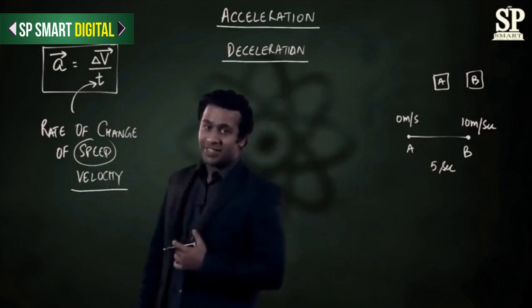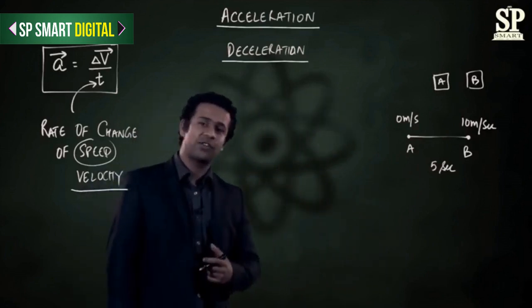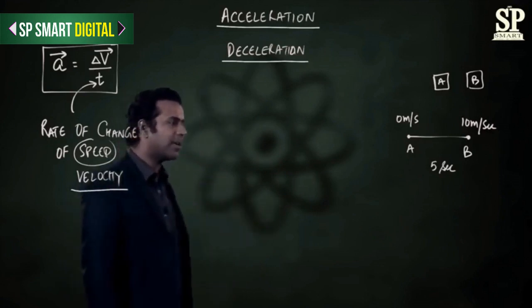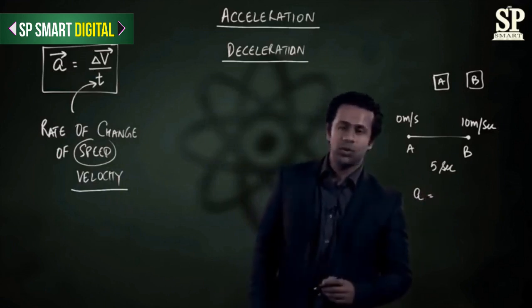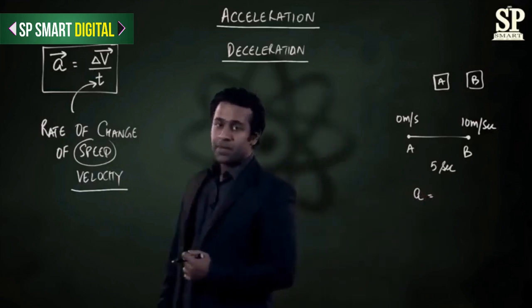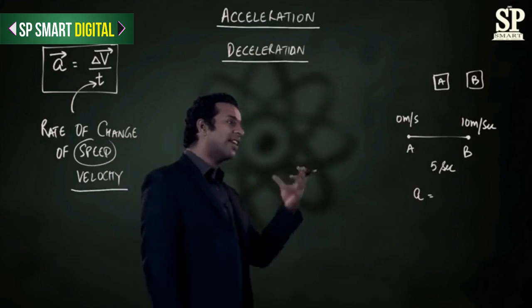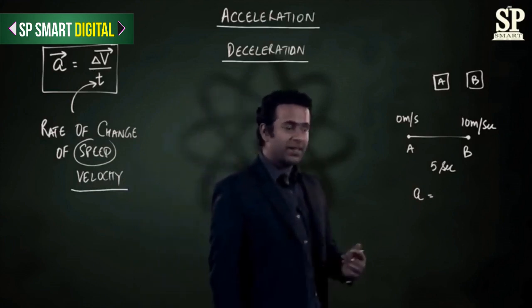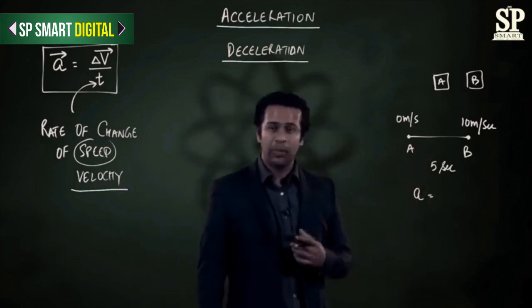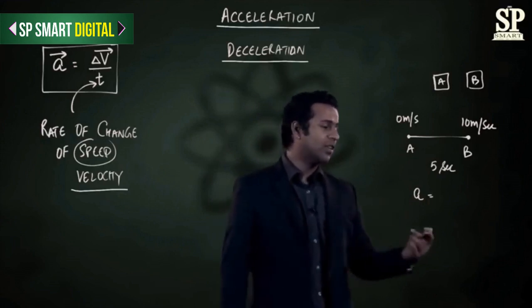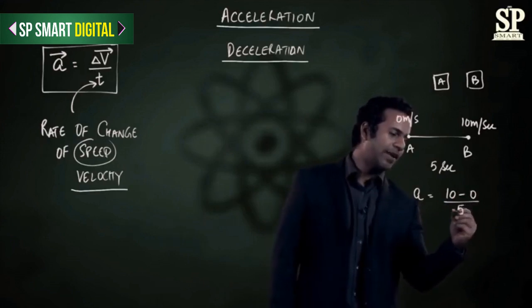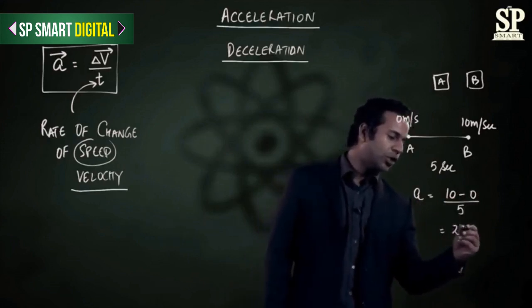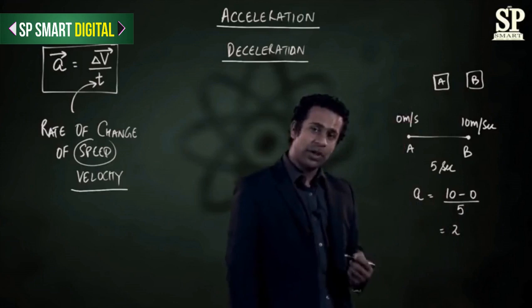So in this case, can you find out the acceleration of this particle? It's fairly simple, right? We know the formula that acceleration is equal to the change in velocity by time. Now, the final velocity is 10 meter per second and the initial velocity is 0 meter per second. And hence, this value becomes 10 minus 0 divided by 5. So this becomes 2. Now let's think about the units here.